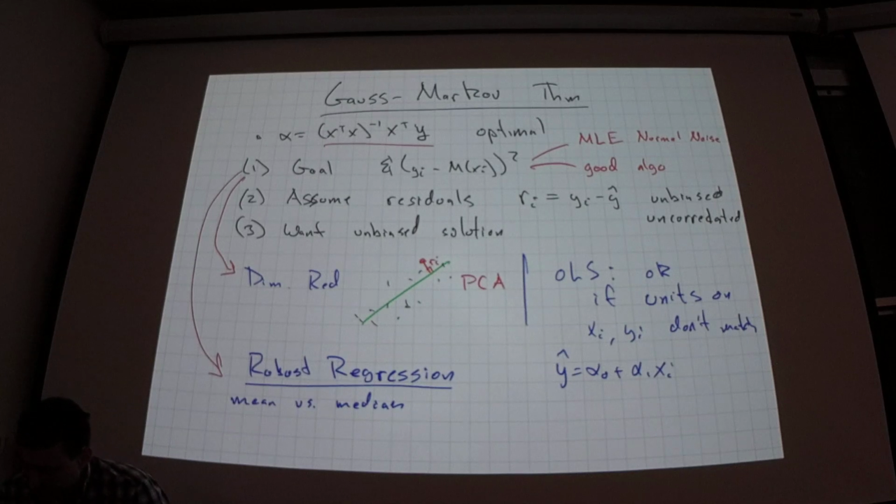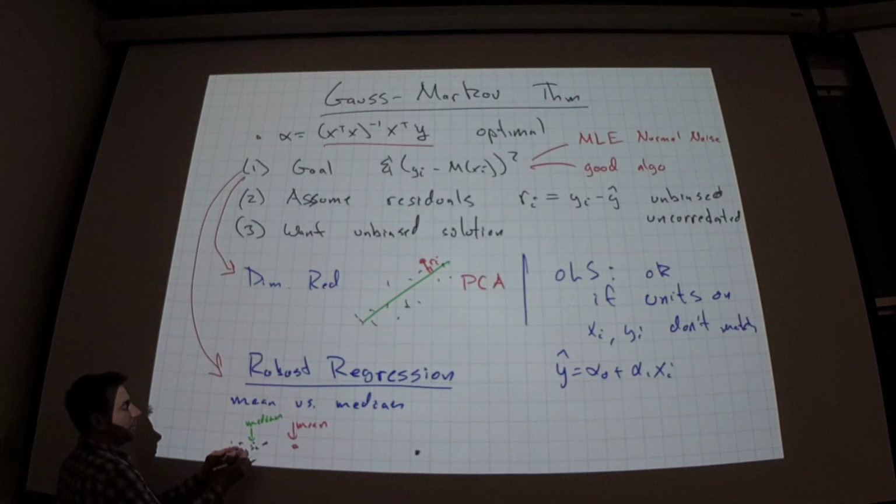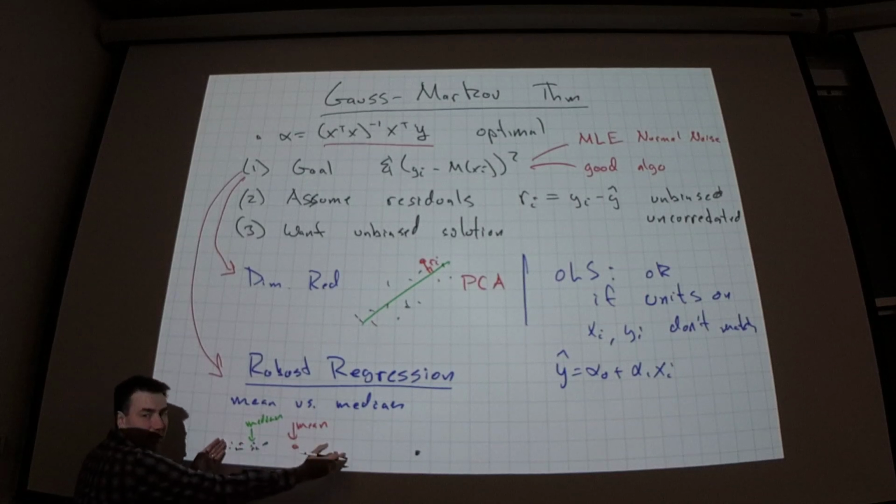If I have data that looks like this and one data point out here, then this is going to be the mean, and somewhere over here is going to be the median. The median has a property that half of the data is on either side.